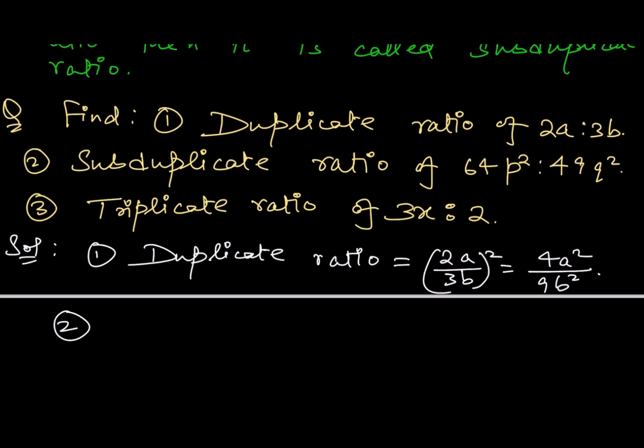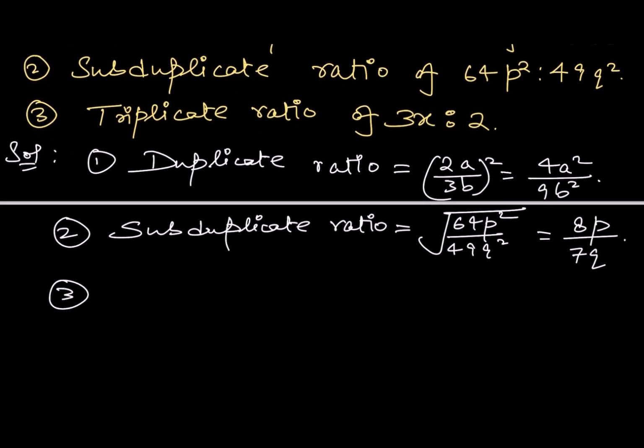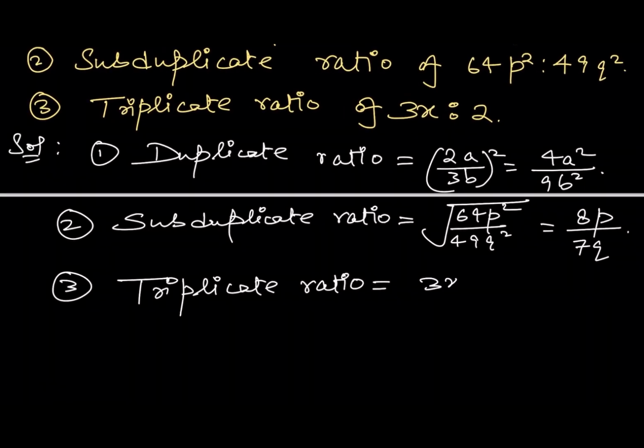Second, subduplicate ratio, which is root over 64p square upon 49q square, which is 8p upon 7q. Right? And third one is triplicate ratio, which is 3x upon 2 whole cube, which is 27x cube upon 8.